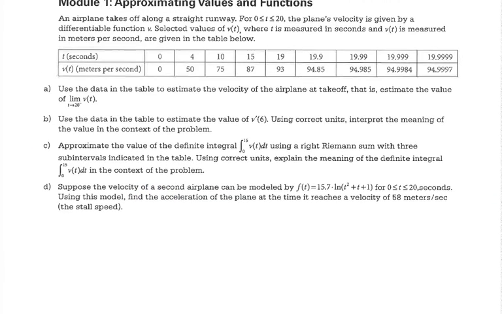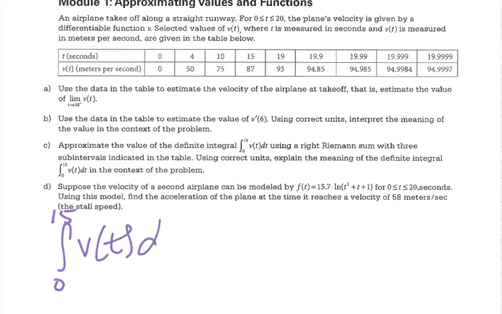Approximate the value of the definite integral from 0 to 15 of v of t dt using a Riemann sum. So we're going to be using rectangles, and it's a right Riemann sum, and we have 3 subintervals. And then we have to explain the meaning. So remember, this is something that we should automatically know. The area under a velocity curve gives us displacement.